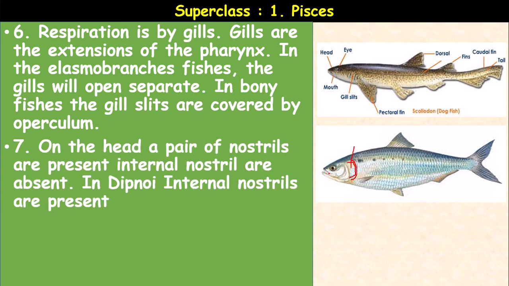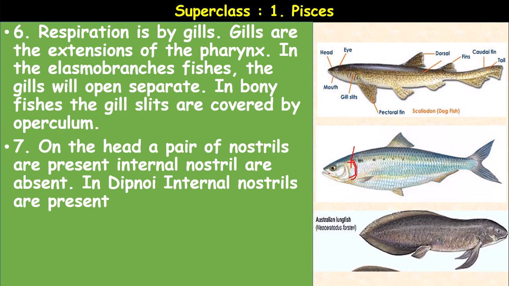On the head, a pair of nostrils are present. Internal nostrils are absent. In dipnoi, means lung fishes, internal nostrils are present. This is a dipnoi or lungfish, Australian lungfish, Neoceratodus.